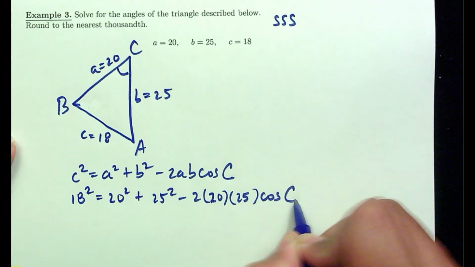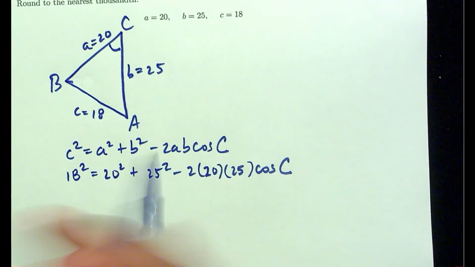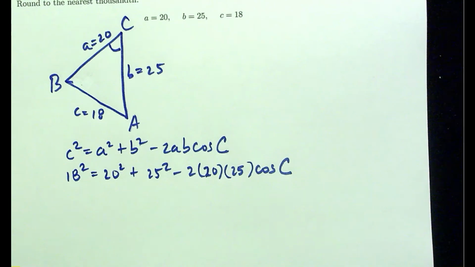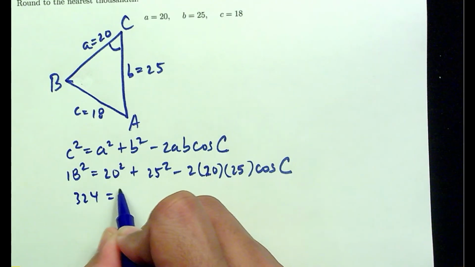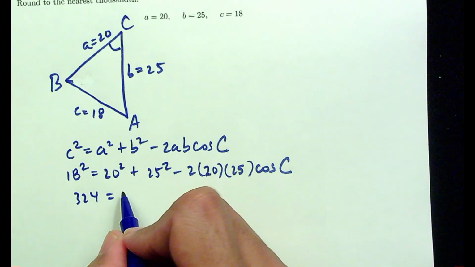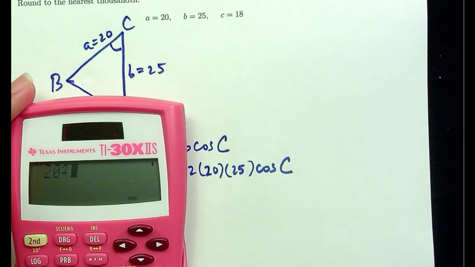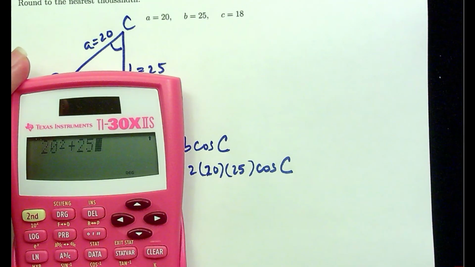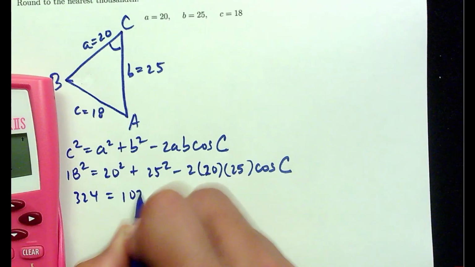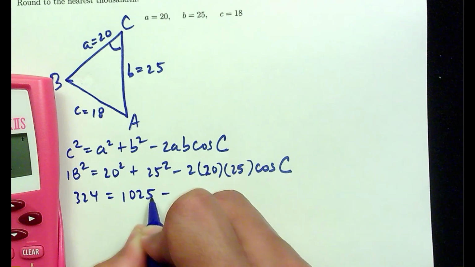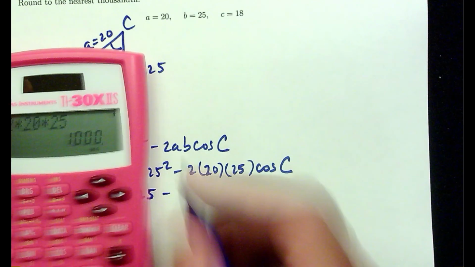Cosine of C. Okay, now we need a calculator for that. 18 squared is 324. 20 squared is 400. And 25 squared is 625. So that's 1025 minus 2 times 20 times 25 is 1000.